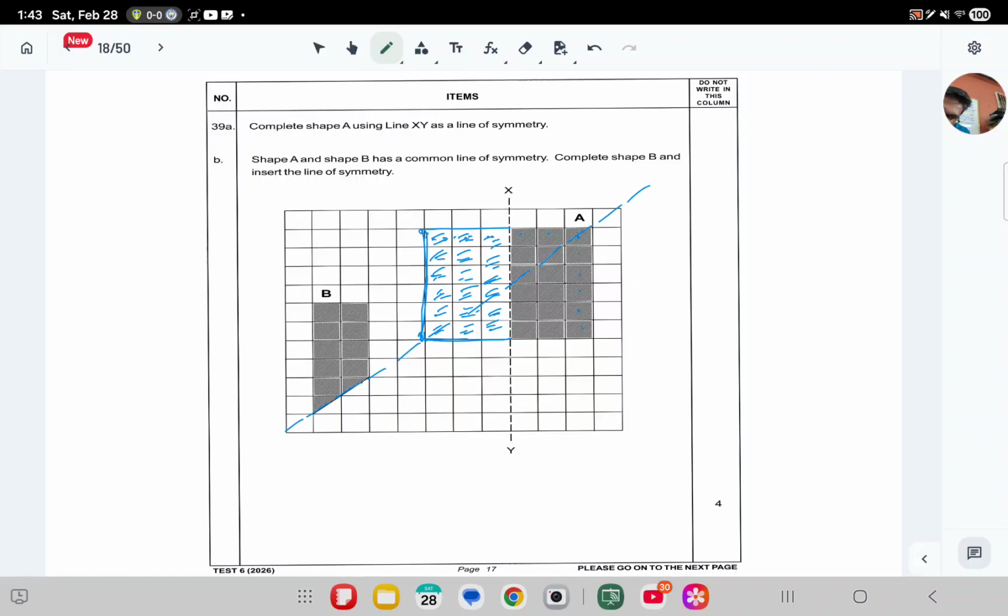So if we flip this shape here now, we have 1, 2, 3, 4, 5, 6. 1, 2, 3, 4, 5, 6.